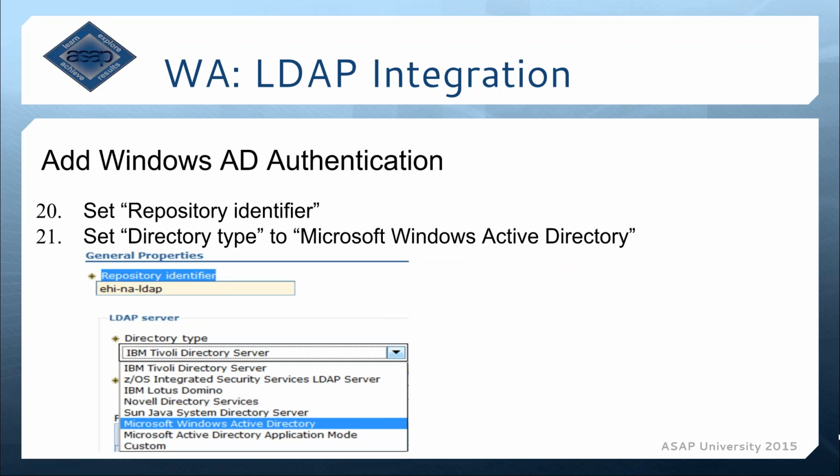And of course, to keep consistency with my certificates and everything else, I like to use standard names. So I called my repository EHI-NA-LDAP. Then the LDAP server type, you've got lots of choices. With us, it was Microsoft Windows Active Directory.